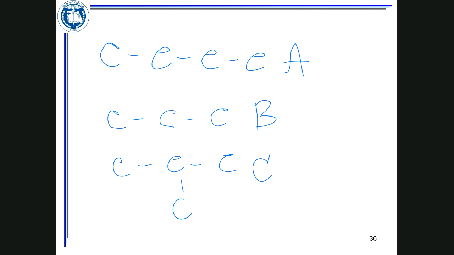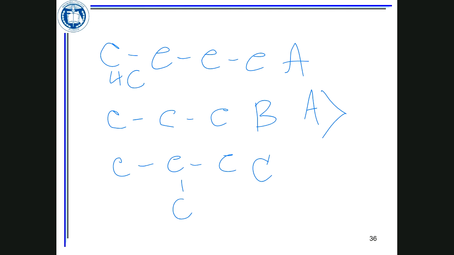A, I think Jordan answered already. A has a higher boiling point than which one comes next? B, maybe not. Why not? Which one takes the priority, the size or the branches? Size takes the priority. So if you compare the size, this one is non-polar with 4 carbon.